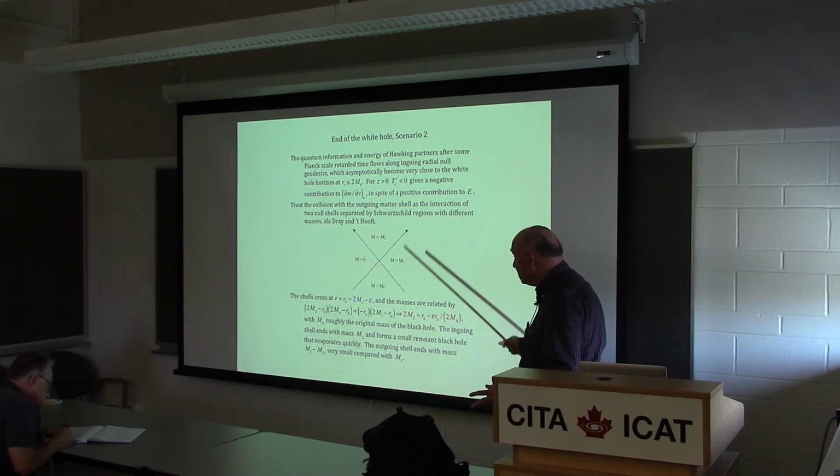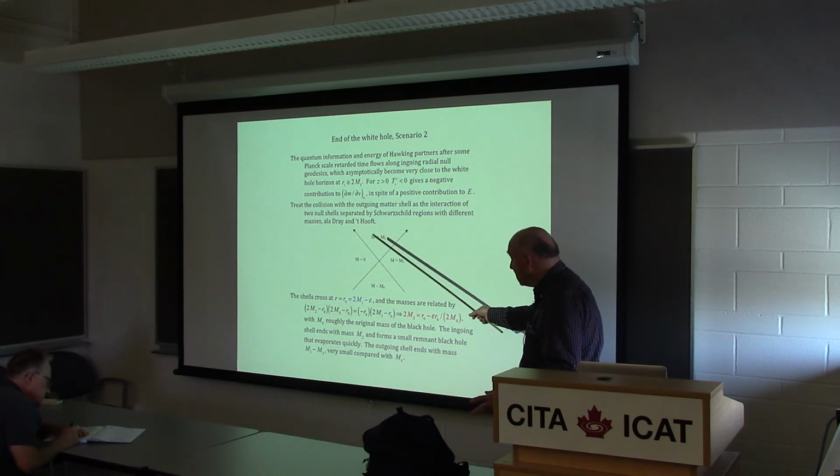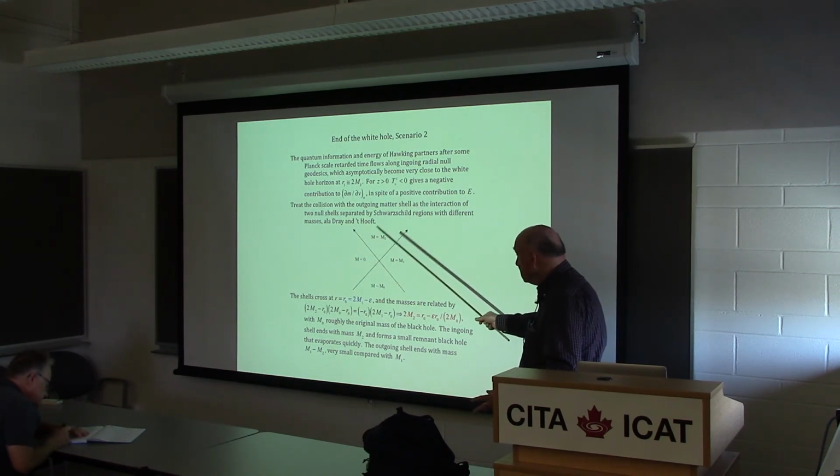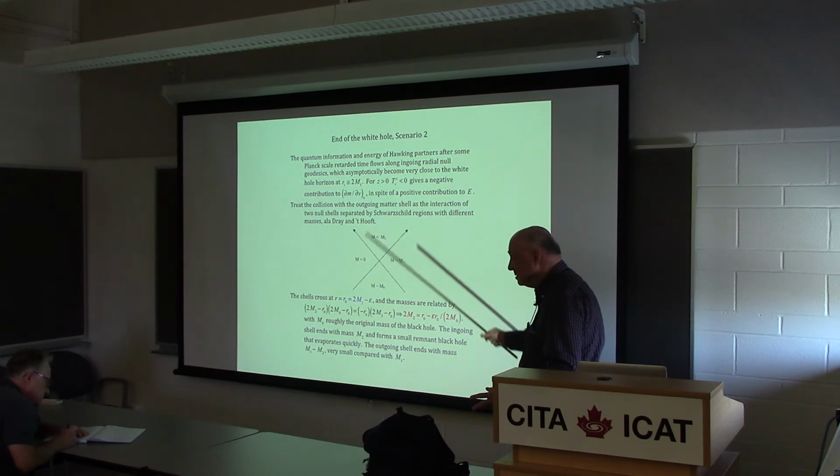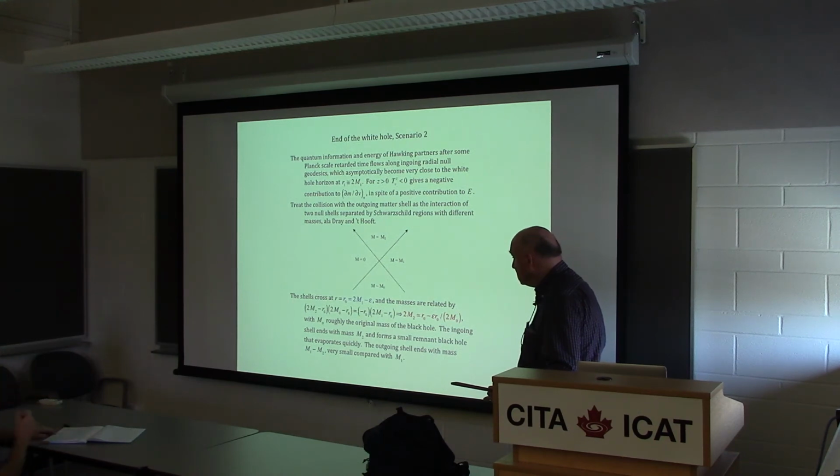In other words, you have positive energy going out from the black hole here, but then the black hole turns into a white hole again. And you have negative energy coming out of the white hole, and you end up with a net balance.